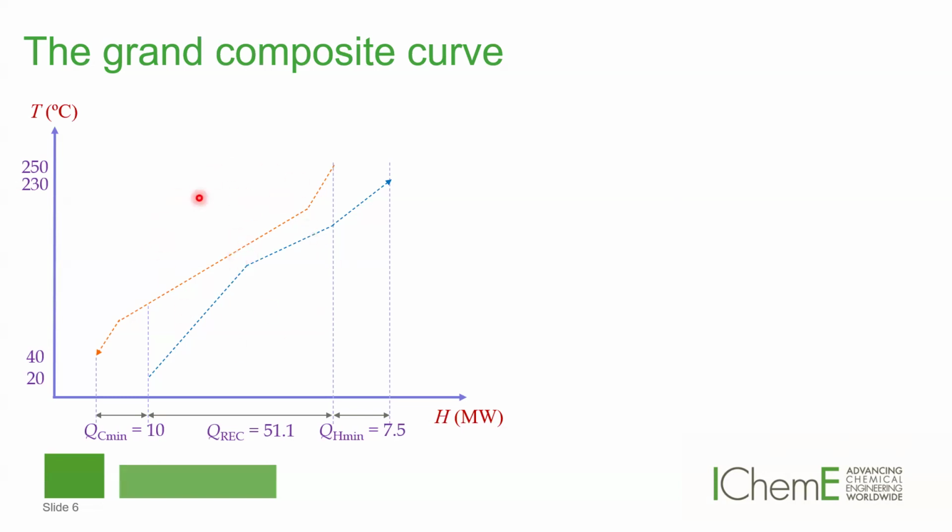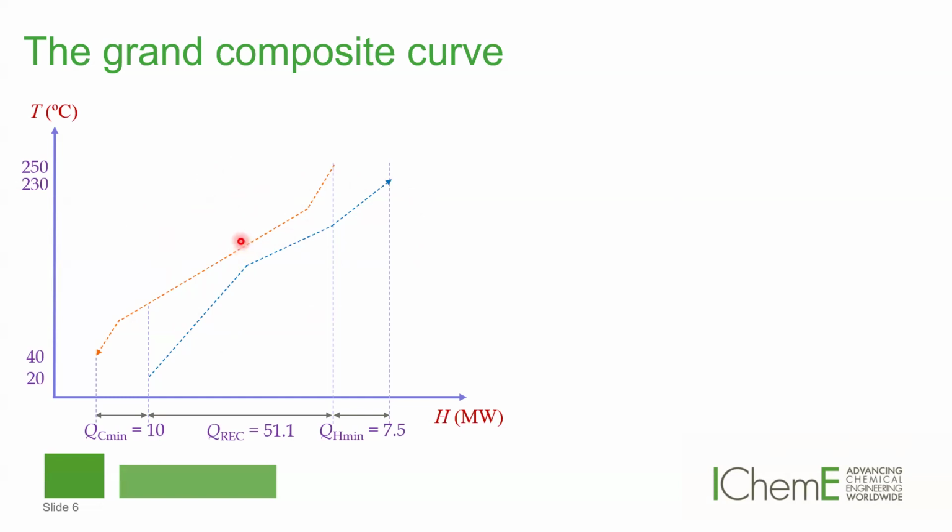So for this particular problem, our delta T min is 10 degrees Celsius. Meaning at this point, the hot stream is hotter than the cold stream by 10 degrees Celsius.